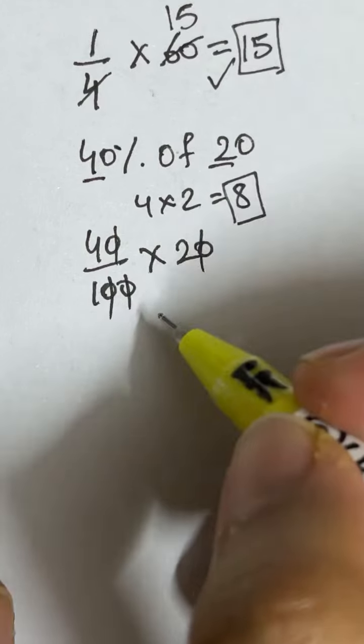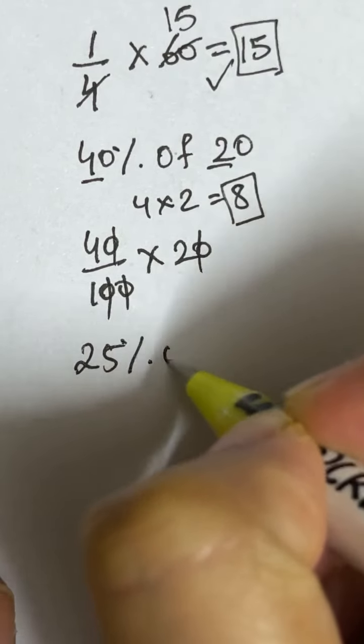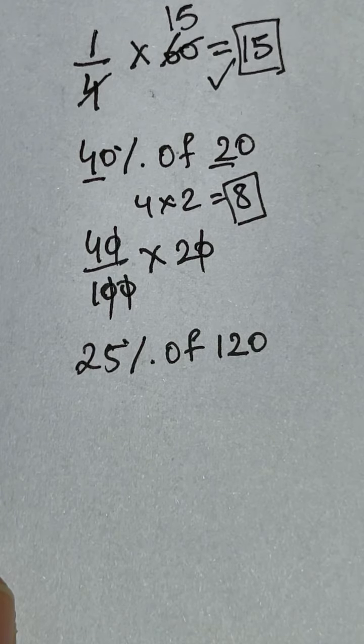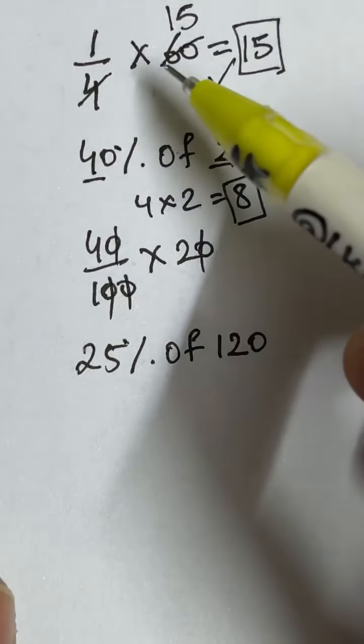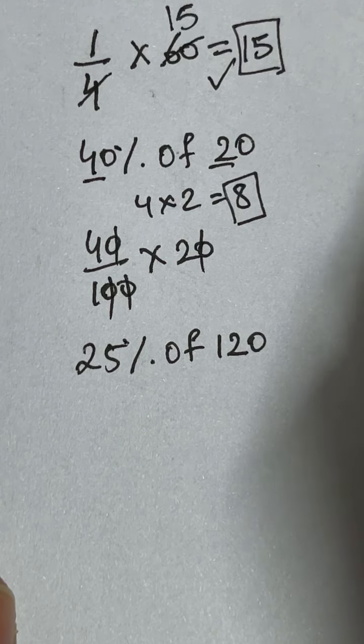For example, if you have 25% of 120. Now what are we going to do? When you have 25% of 120, as I told you, 25% is 1/4. 25% is 1/4, 50% is 1/2, and 75% is 3/4.